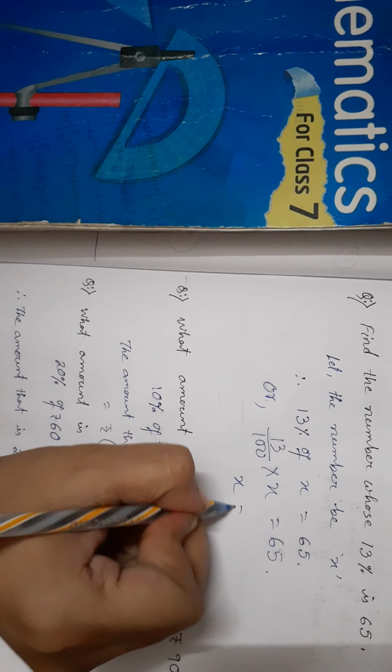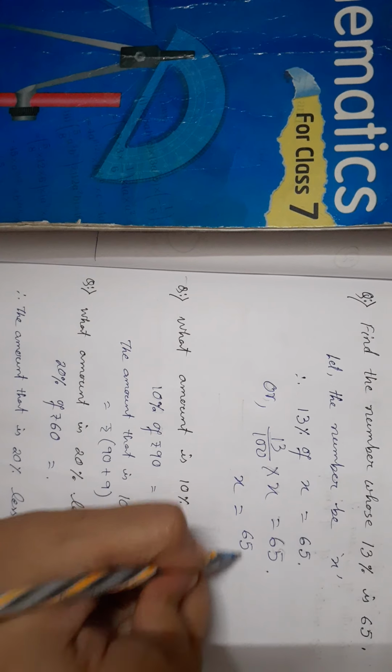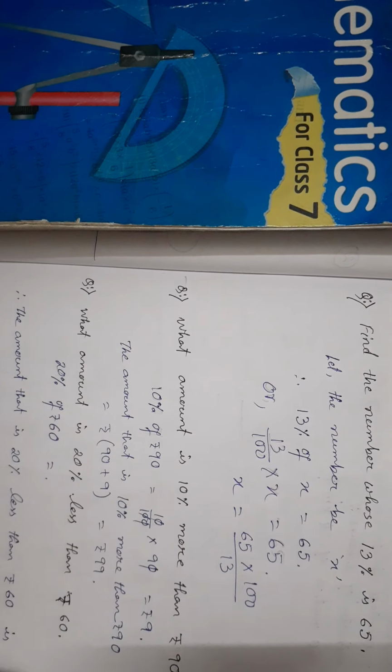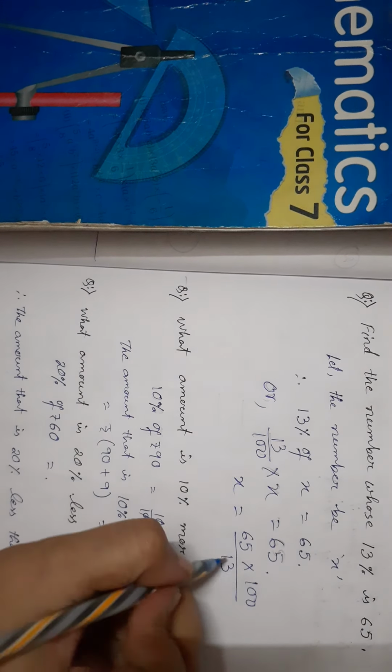So we will do cross multiplication to get the value. So it will be 65 into 100 by 13. So 13 5s are 65. That means the answer is 500.